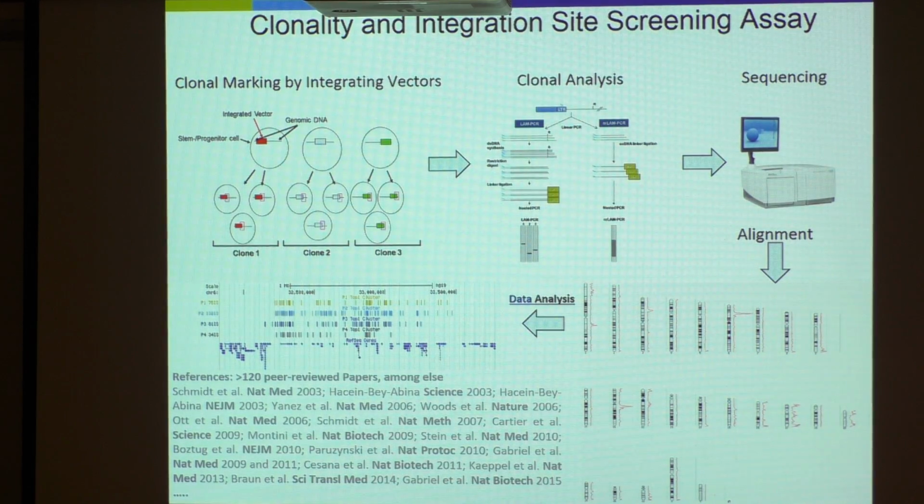So in the end, to summarize, we have built this up over, I think now 15, almost 20 years, a large clonality and integration site screening assay, starting really with the clonality, now focusing more and more on the safety, also from the SAEs or adverse effects that happened in a few clinical trials and few patients therein. But based on this screening assay, we have enlarged over the last years also our field of interest.